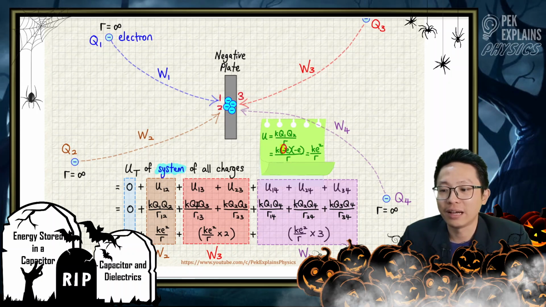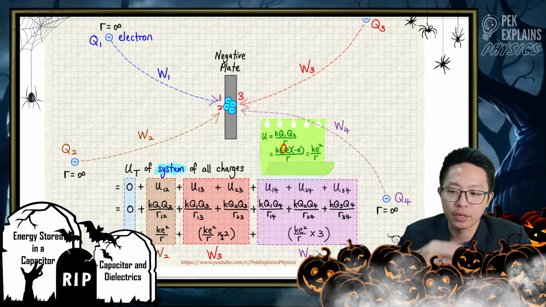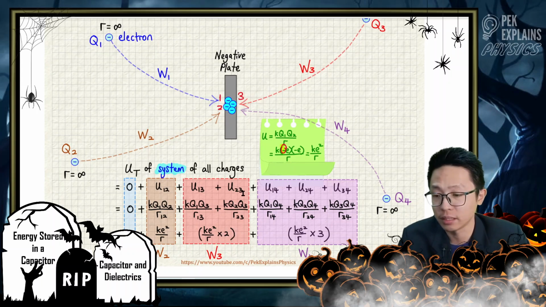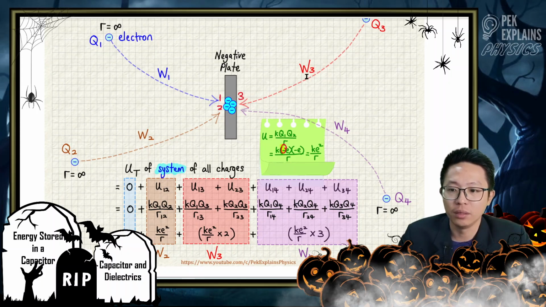So it's like ke squared over r times 2. Last time it was the repulsive force from only one charge. Now you have two repulsive forces, so you have two electric potential energies gained by this system of charges. So work done 3 is actually 2 times the work done 2.